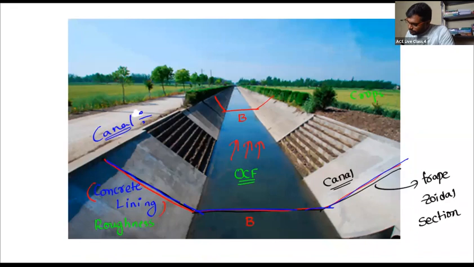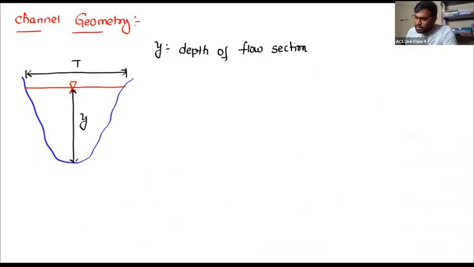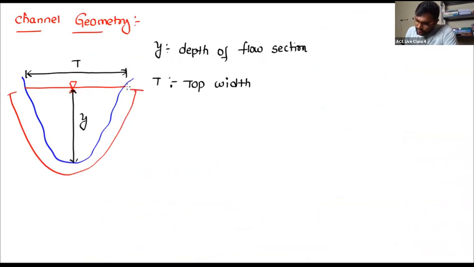Now this is the top width T, where T is the width. Apart from that, you can observe from here to here, this is nothing but the length of the solid boundary which is in contact with the water.